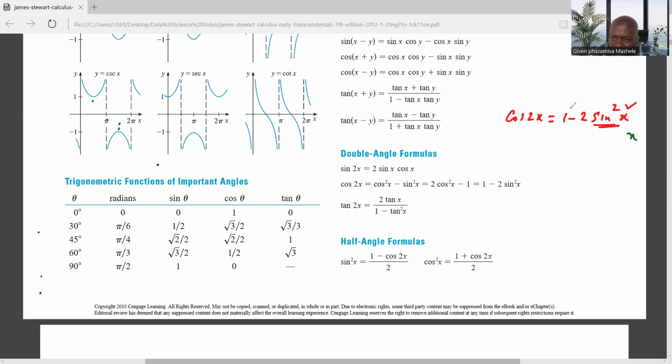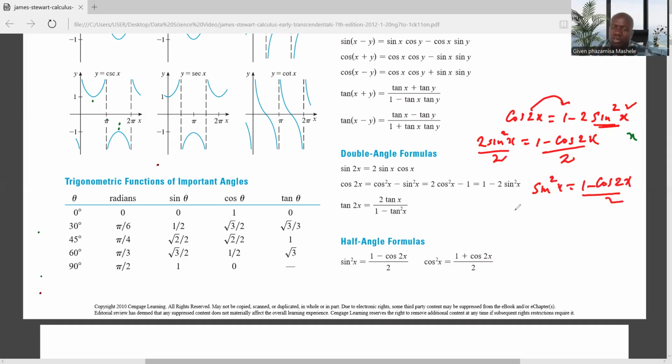You transpose it: 2 sine squared x equals 1 minus cos 2x. Then we divide by 2 on both sides. So this becomes sine squared x equals (1 minus cos 2x) over 2. So these are examples of half angles.